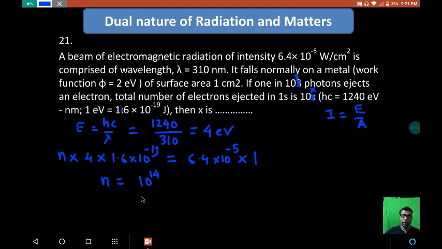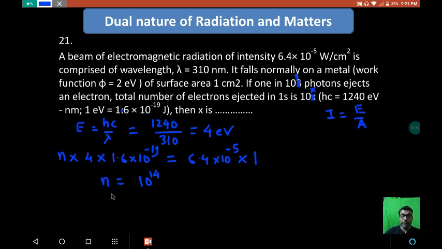Which comes to be 10 power 14. We have to find the 10 power x, but this is not the number of photoelectrons. It is the number of photons, but it is said that one photoelectron requires 10 power 3 photons.